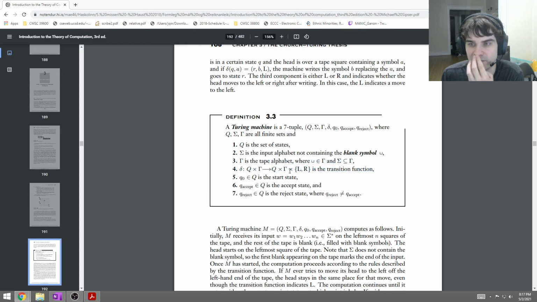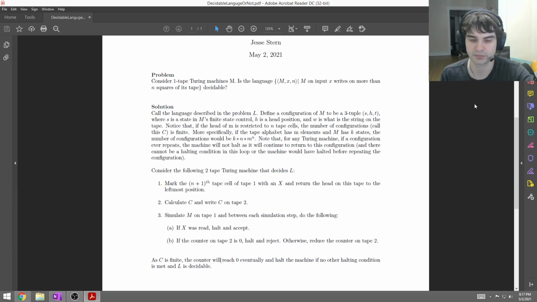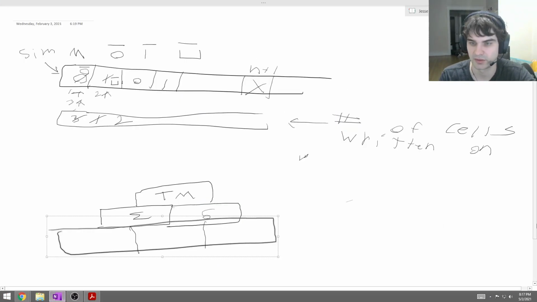So it would involve the tape alphabet definition, it would involve Q. Below even the transition function, we have Q and this, and somewhere down here we have the Cartesian product.